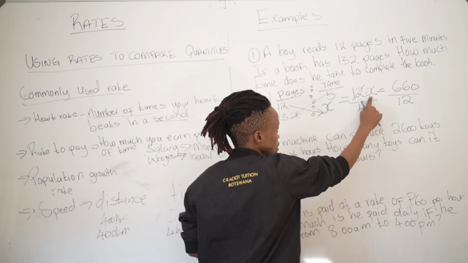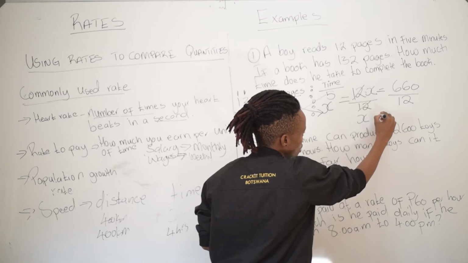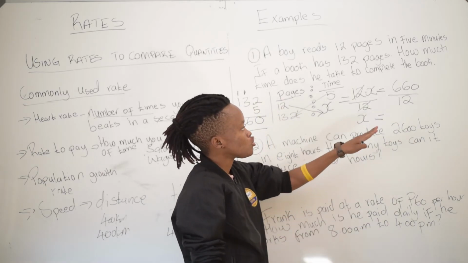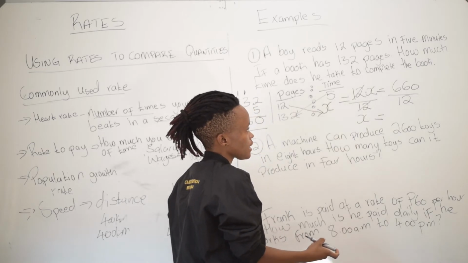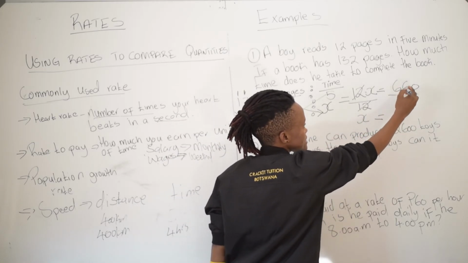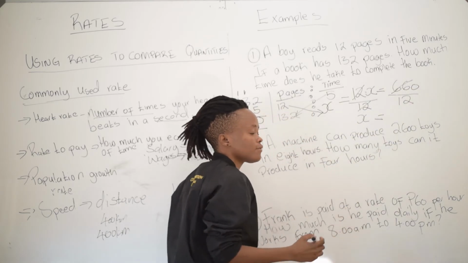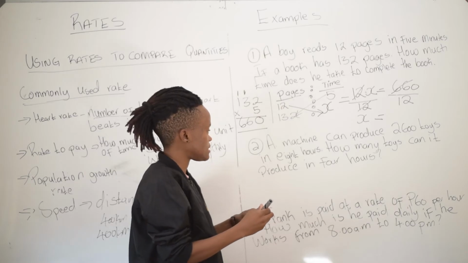So we are remaining with what? With x. So it means x is equal to 660 divided by 12. So you are going to use a simple method, 12 into 660. So we find out how many times 12 goes into 660.